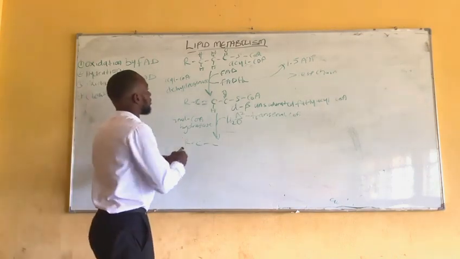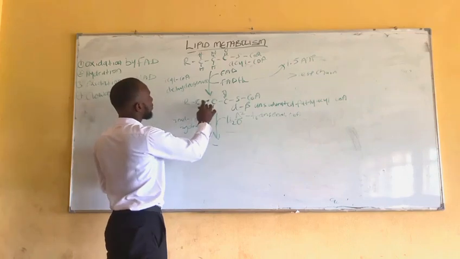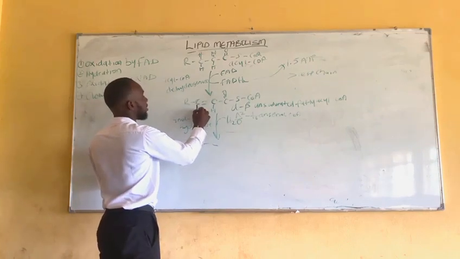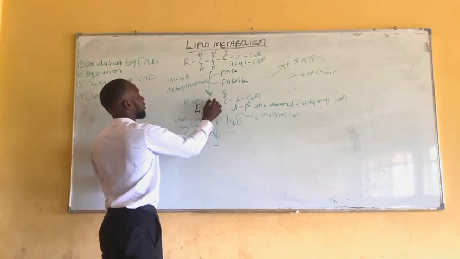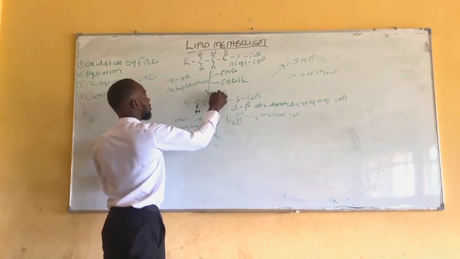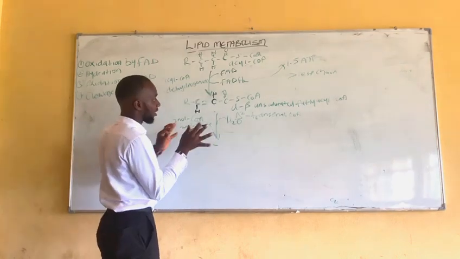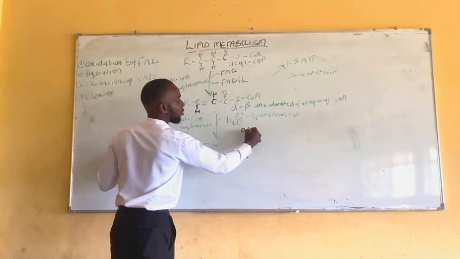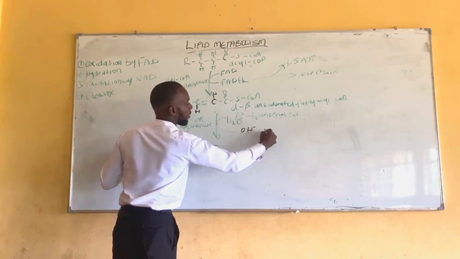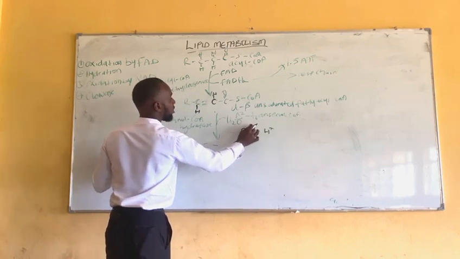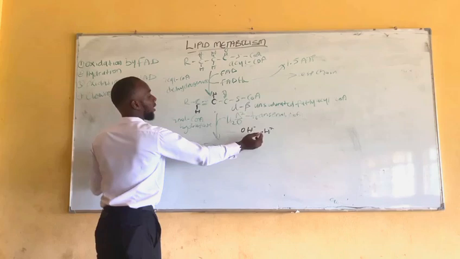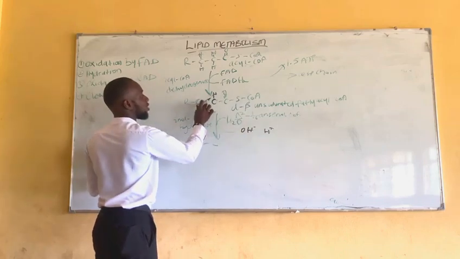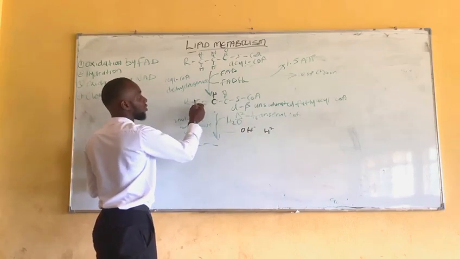So let me, for the sake of better understanding, let me just say that the H is here. I want you to understand something better. H2O is more like the hydroxyl group and the hydrogen group. So this hydroxyl will enter here, while this hydrogen will enter here, and then it will now be saturated because the carbon is now bonded to one.